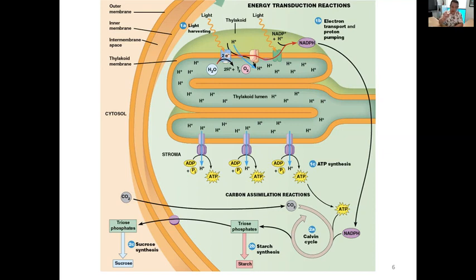I think a lot of students get confused and think that plant cells have chloroplasts but no mitochondria, and that our cells have mitochondria but no chloroplasts, right? So of course that's true that our cells don't have chloroplasts, because we're not photosynthetic, but plant cells most definitely have both chloroplasts and mitochondria, right?